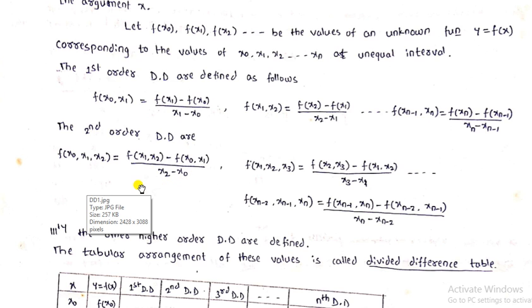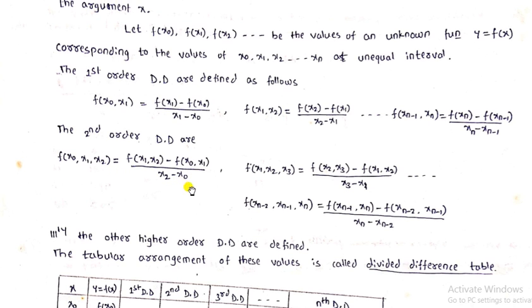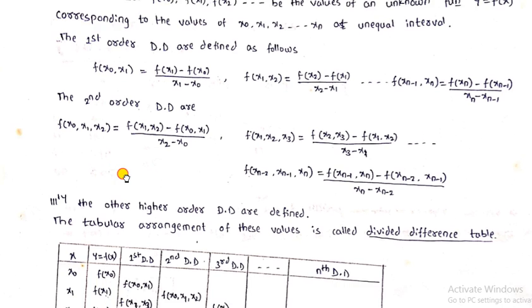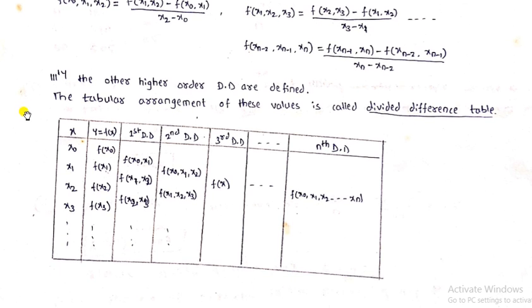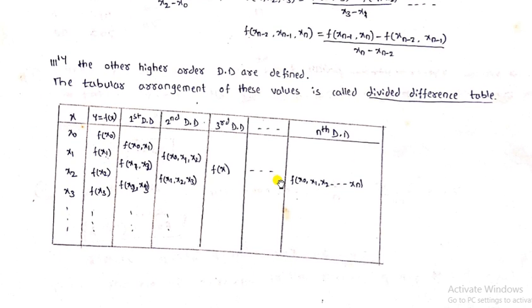Similarly we can write the third order, fourth order, fifth order, or nth order divided differences. These divided differences are arranged in tabular form, and this table is called the divided difference table. Here we arrange the terms as first divided difference, second, third, fourth, fifth, up to the nth divided differences.